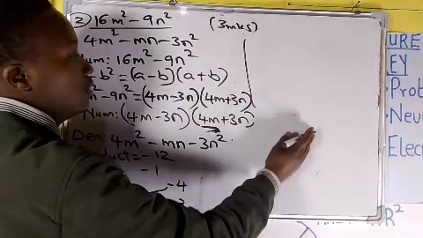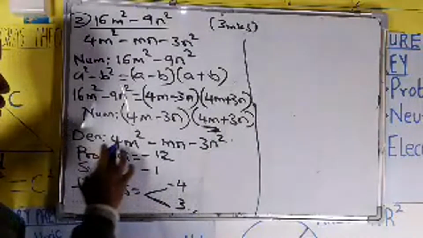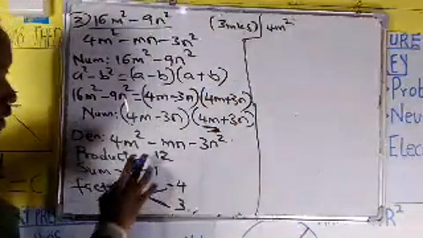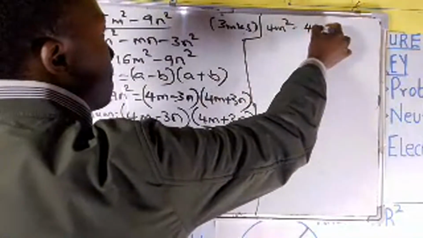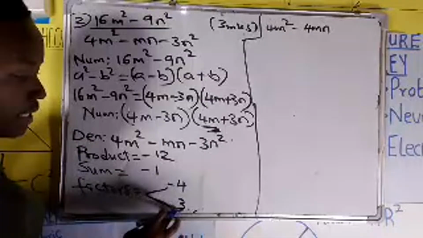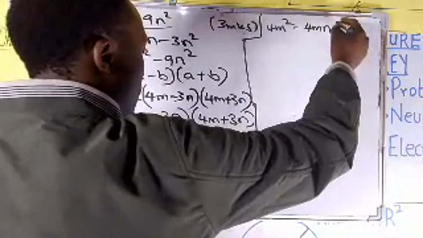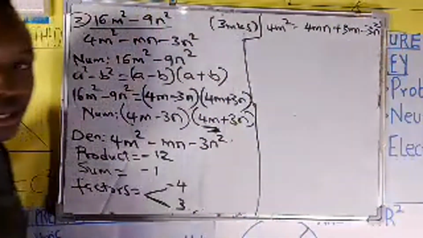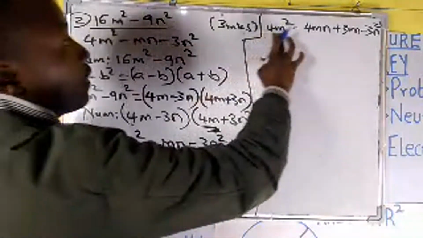So we will now have 4m squared. We will now replace minus 1 and put minus 4mn, then plus 3mn, then minus 3n squared. So we now factorize 2 by 2.